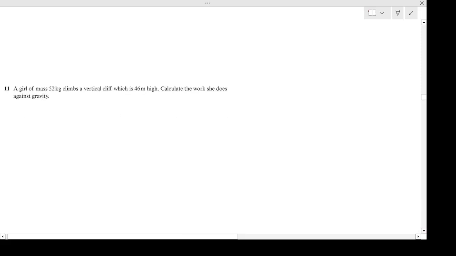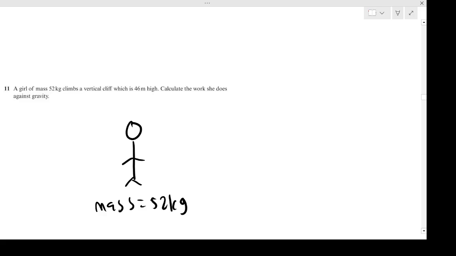Now we've got this question. We're told a girl of mass 52 kilograms climbs a vertical cliff which is 46 meters high. Calculate the work done against gravity. So if I draw a simple diagram here, we've got this girl, the mass is 52 kilograms, and she's climbing up, and the height up is 46 meters.